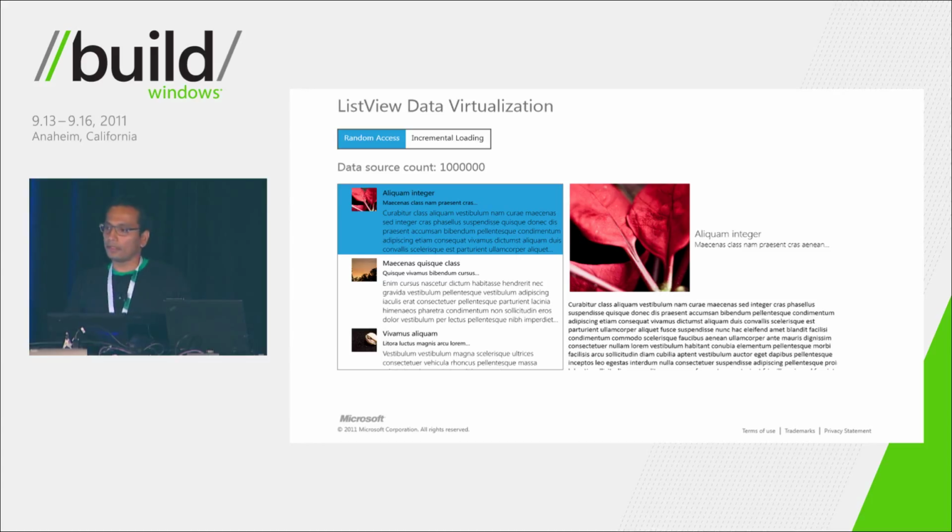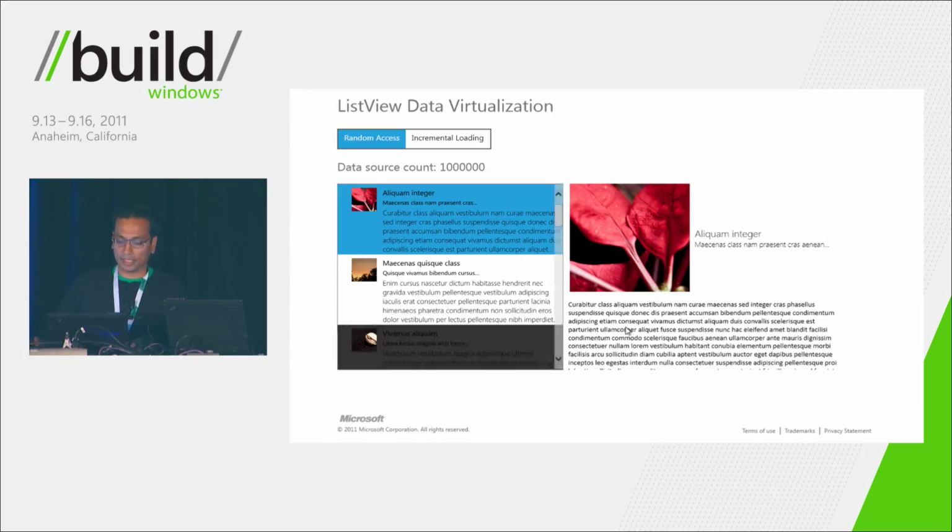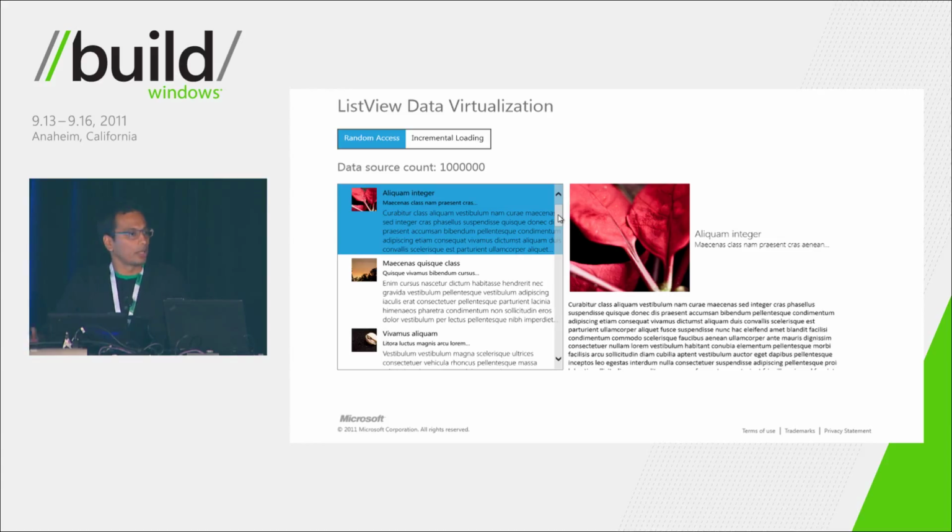In this example, the data source has 1 million items. That's a lot of items. It's not 100 or thousands. It's like 1 million items in this data source. Now look what happens when I pan this. It's best demoed using a mouse. So what I'm going to do is scroll to the middle of the list view and see what happens.